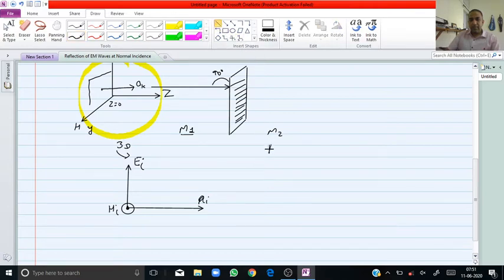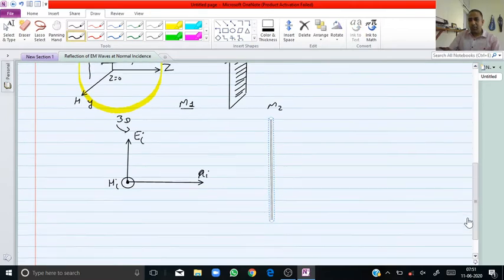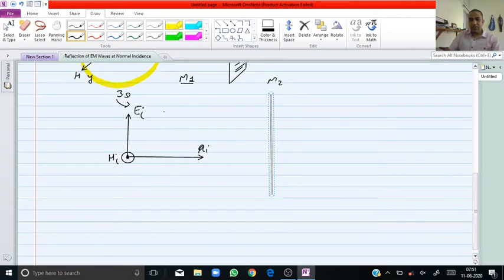At this interface, the reflected wave will have opposite direction with respect to this incident wave, it will be like this.